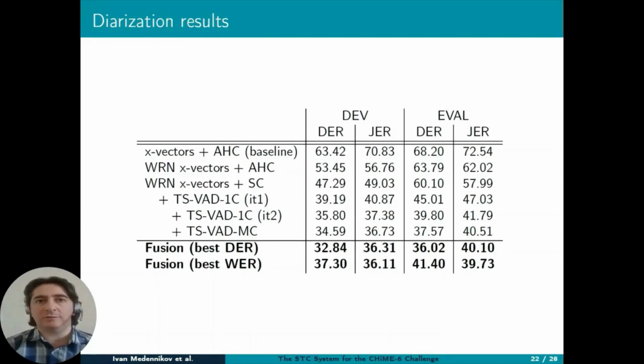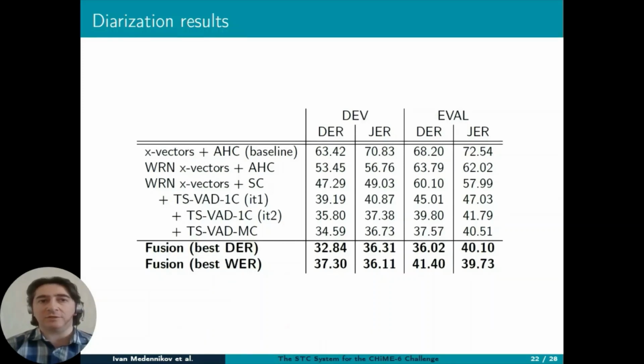The diarization results of the successive application of the described approaches are presented in the table. Wide-ResNet x-vectors improved DER by up to 10% absolute compared to the baseline extractor. The use of spectral clustering reduced DER by another 4 to 6%. The first iteration of TSVAD further reduced DER by 8 to 15%.